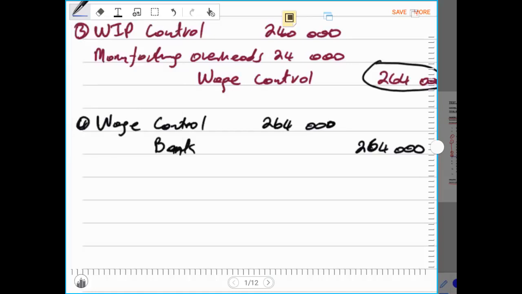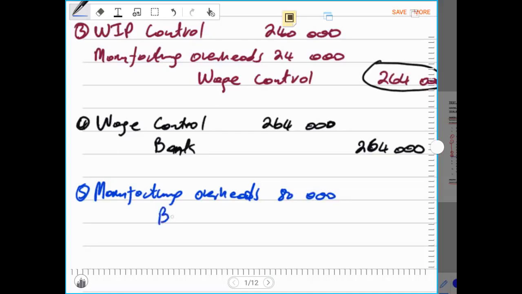So now we record this entry, which will be number 5. Then we debit our manufacturing overheads, and our manufacturing overheads will increase by 80,000 rands.